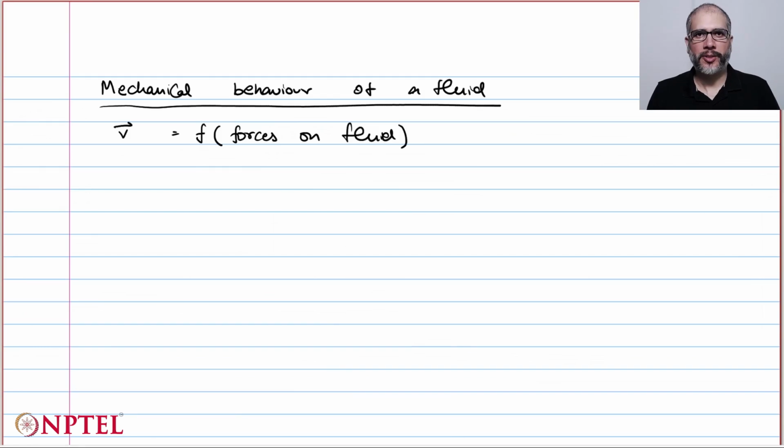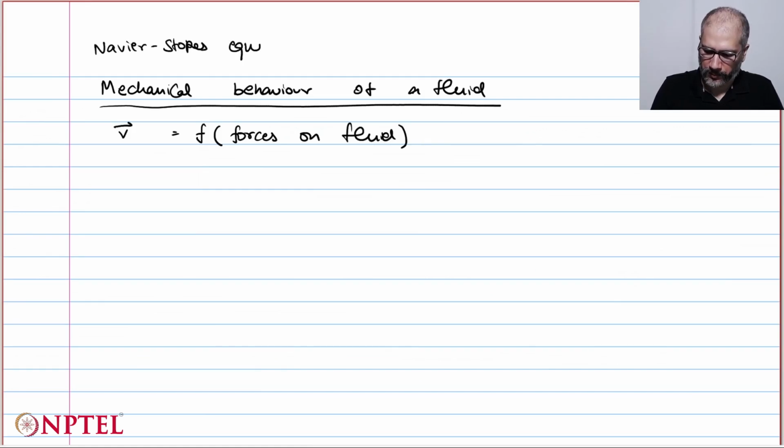So that's the whole exercise. So we'll want to find out how a fluid responds to an external force field. So what we'll be deriving are called the Navier-Stokes equations, or also known as the viscous flow equations.